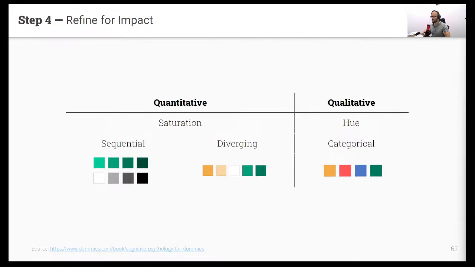For quantitative values, you have saturation, meaning sequential coloring, or you have divergent coloring to use. And often you don't need to think about this because the programs we are using have this built in. And for qualitative values, which is the more difficult one to work with, we have hue, categorical.